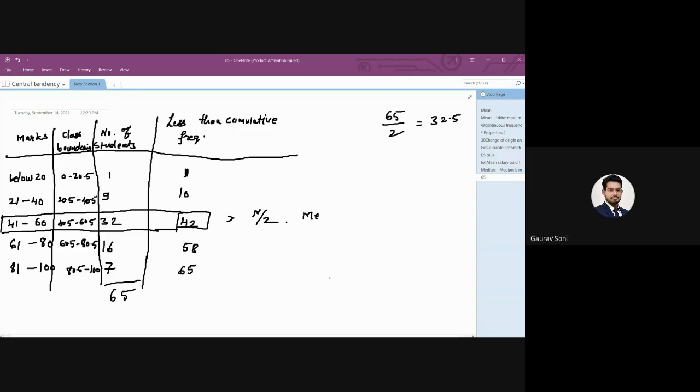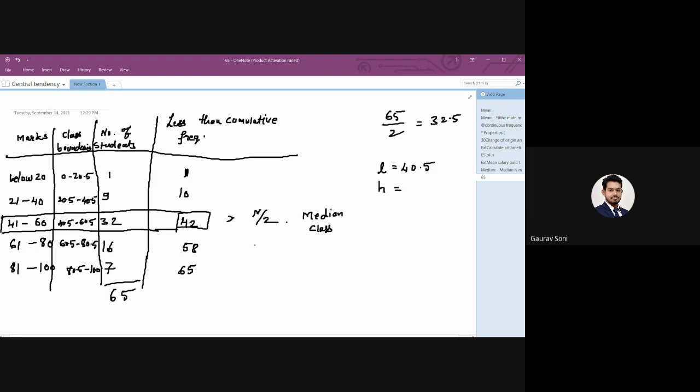So this class is nothing but the median class, the class having cumulative frequency just exceeding n by 2. So we need to take all the entries from this. What is L here? L is the lower limit of this class, 40.5. What is the height of this class? 60.5 minus 40.5, which is 20.